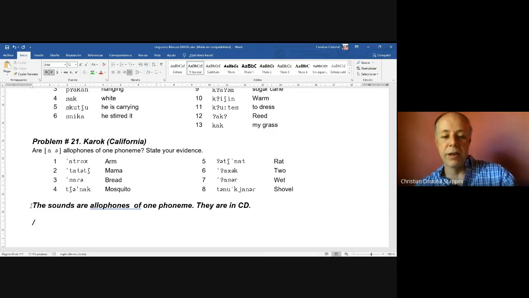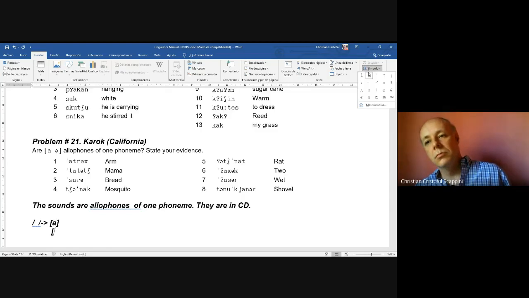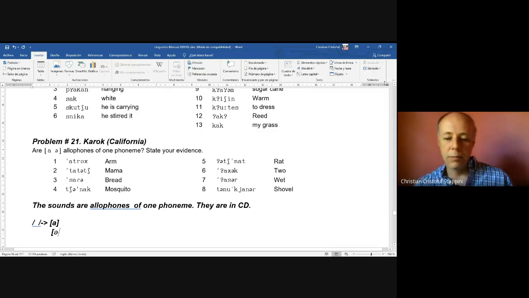I show that by writing the rule. And the rule says a becomes schwa in the environment of unstressed syllable, and a in a stressed syllable.